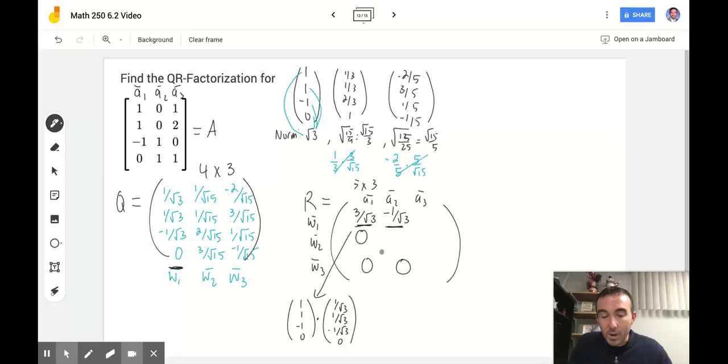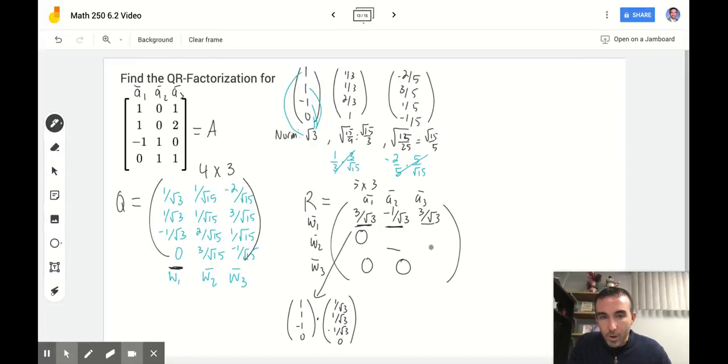So it speeds things up pretty nicely. Last, I'll do W1 by A3. So that is, again, this column here and this column here, find the dot product there. So that is 1 over radical 3, 2 over radical 3. Those together add up to 3 over radical 3. So that's our third entry.